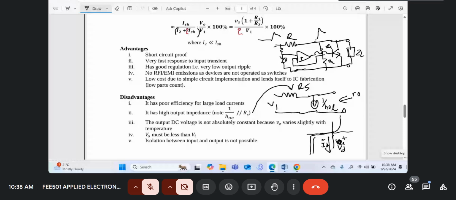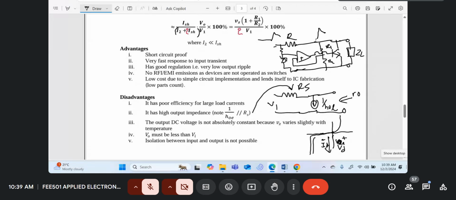Number 4 is that V0 must be less than the input. This circuit will only work when the output voltage is less than the input voltage. And lastly, and this also does not apply only to this circuit, it will also apply to some of the other implementations that we shall see, apart from switch mode power supplies: there's no total isolation between the input and the output.